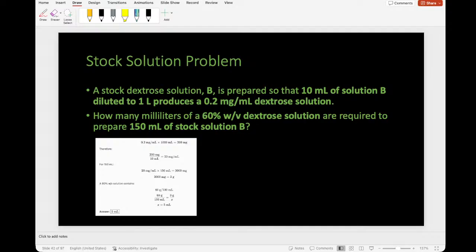And you can see how it's following along through the problem here. Then you would multiply that by 150 milliliters, because that is your final stock solution. And you can see the 1,000 milliliters coming from the 1 liter there.